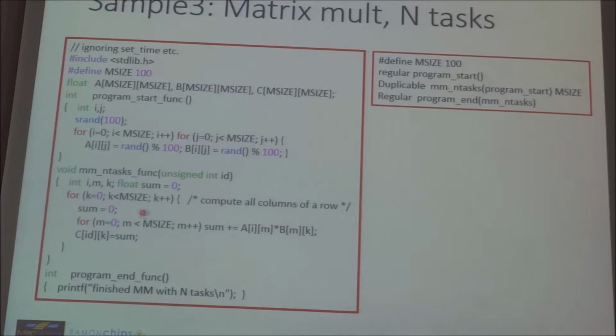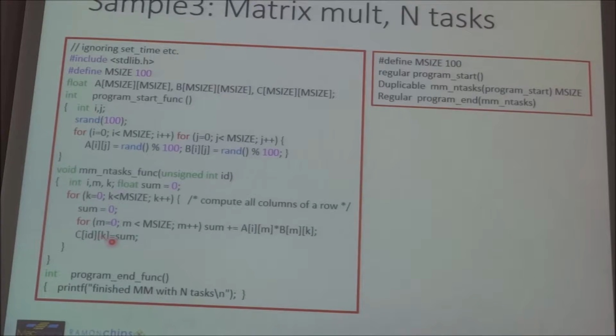So I do it over all columns. Each element, which is in one of the columns, I begin again. Sum is 0, and I do the dot product of the column, a vector from A times a vector from B, and I insert the result into the C matrix. The row number for the C matrix is the same as the ID number.